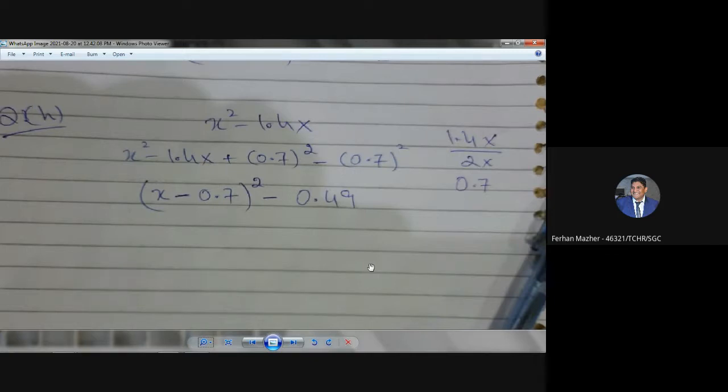Anybody has a calculator with you? Just do a calculation for me. On your calculator, write -1 plus under root 6 equals.